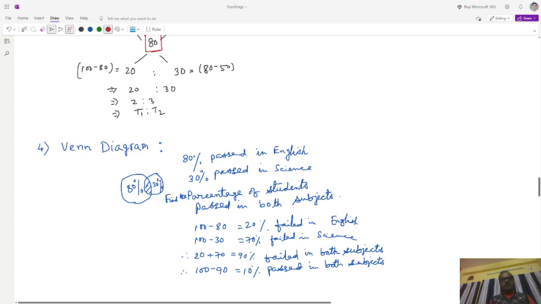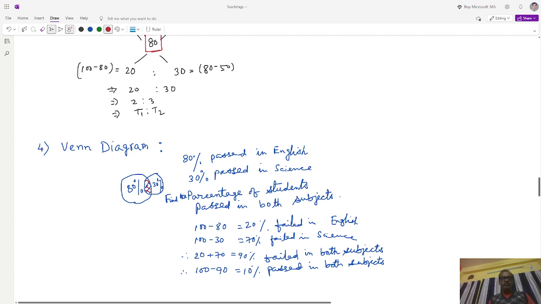In this case, the question is represented in Venn diagram form. This circle denotes the 80% students who passed in English, and this small circle denotes the 30% students who passed in science. The overlapping section represents the percentage of students who passed in both English and science.